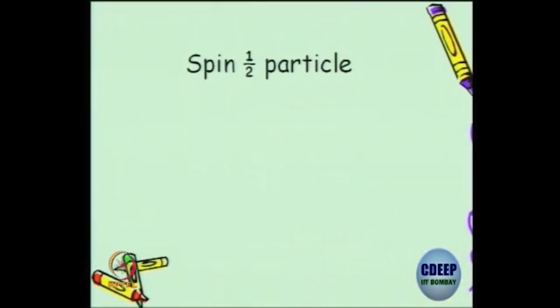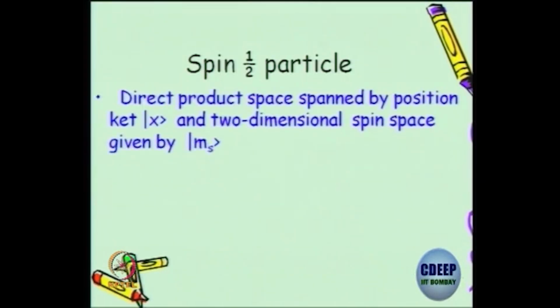So, spin-half particle we have extensively studied by looking at the Stern-Gerlach data, that it has two states. The linear vector space is two-dimensional, right? But technically, once I say it's a spin-half particle, you need to remember that the particle is in the physical space and then it also has an internal spin space.